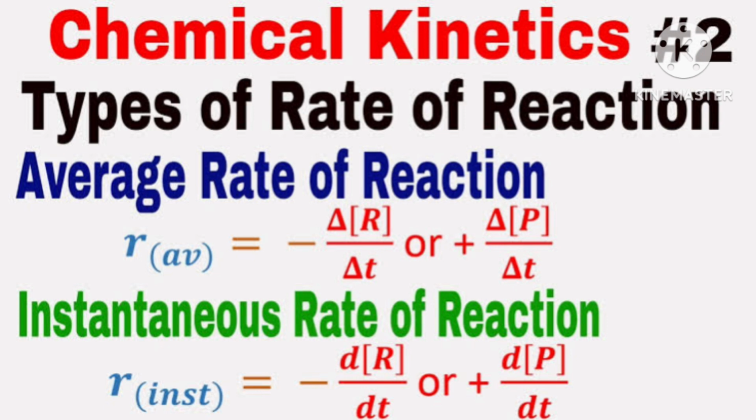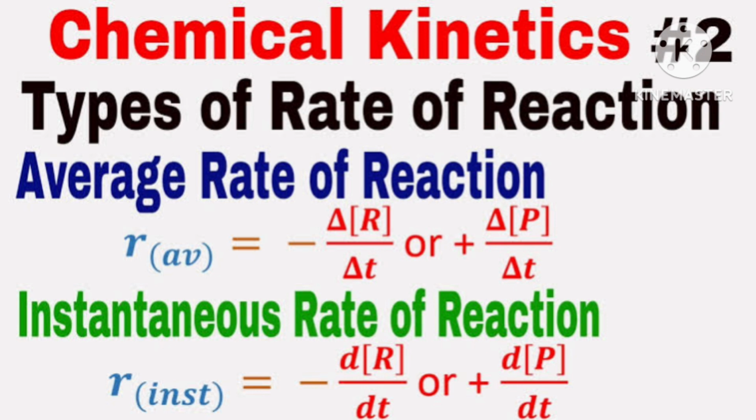I think now we have understood. Then simply you can write all rates are equal. Only for the reactants you use a minus sign, and for the products a plus sign.